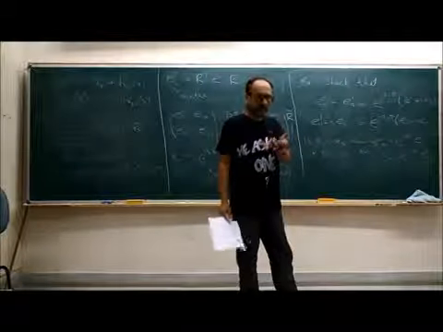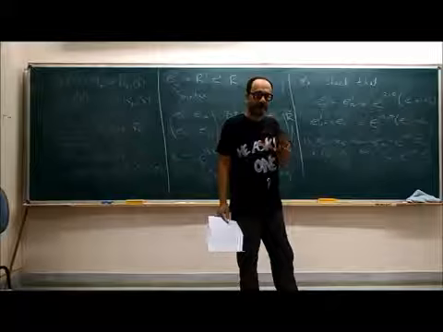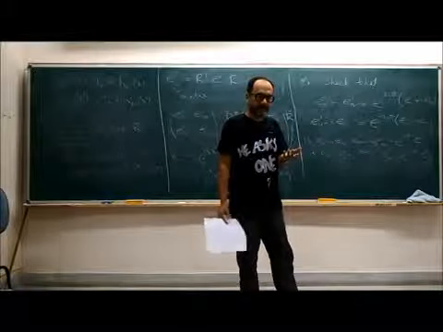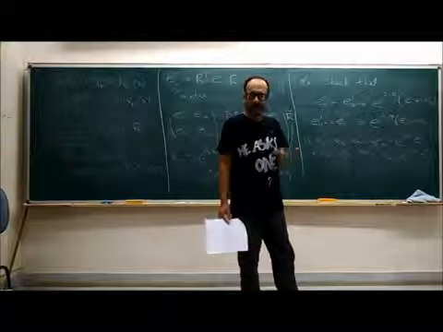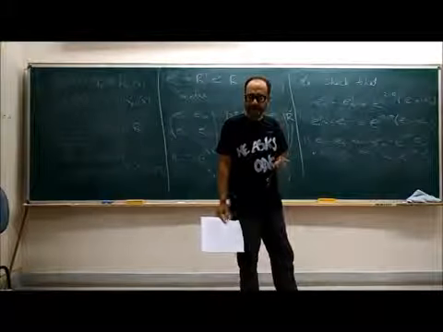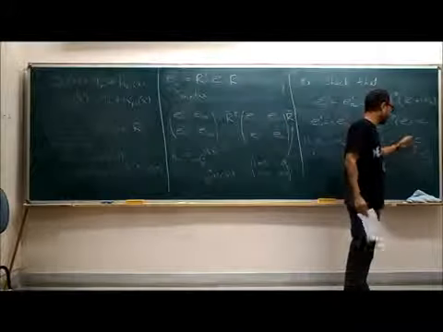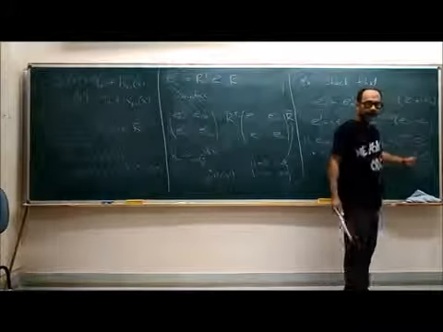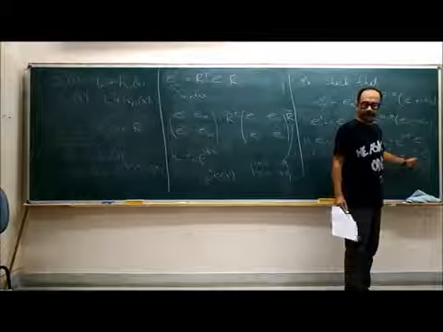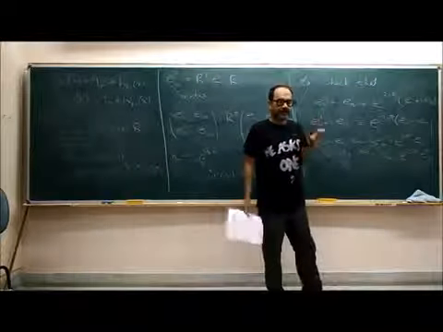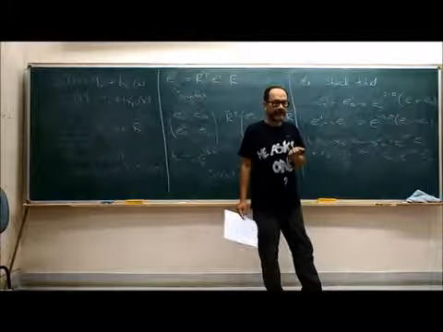If you take x plus i y, that picks up a phase of e to the i theta. x minus i y picks up a phase of e to the minus i theta. So this is the generalization of the circularly polarized wave. But you see the difference: instead of picking up e to the plus or minus i theta, you pick up e to the plus or minus 2 i theta. And this has to do with the fact that h mu nu is a rank 2 tensor rather than a rank 1 tensor.